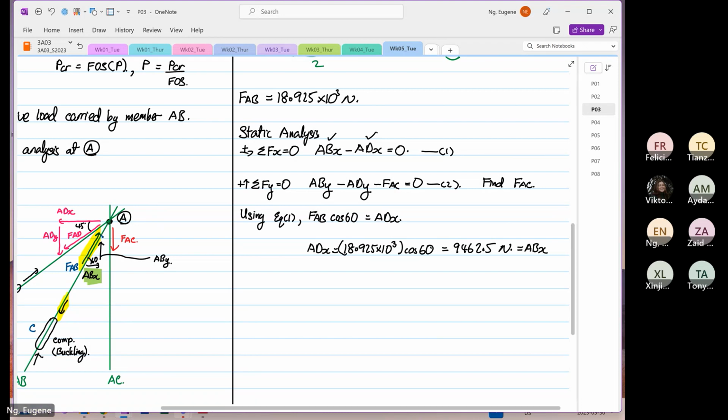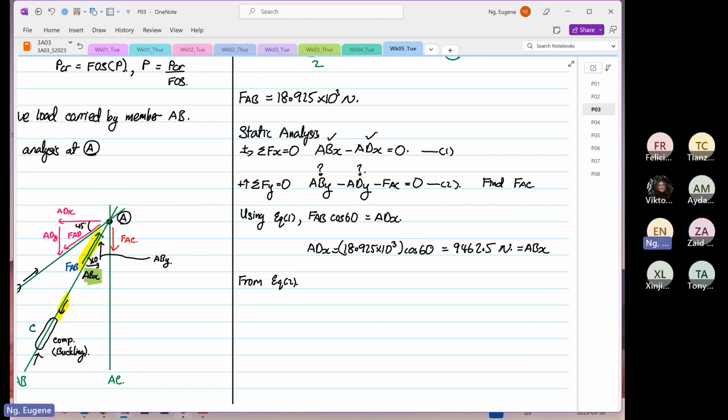Okay, so the next thing, from equation number 2, by looking at equation number 2, we need to find what is our ABY and our ADY. Which is straightforward now because we know our ABX, or FAB.